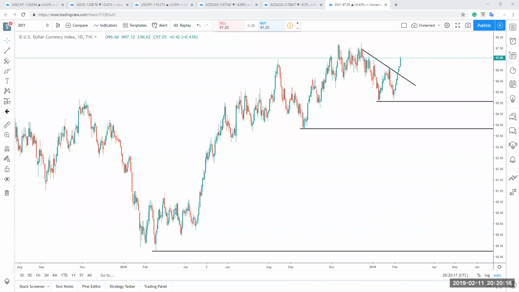We want a nice retest, and then we'll be happy to buy. It'll be a nice trade. We get a retest. Watching this. Nice trade.